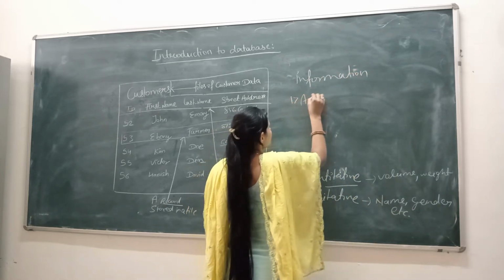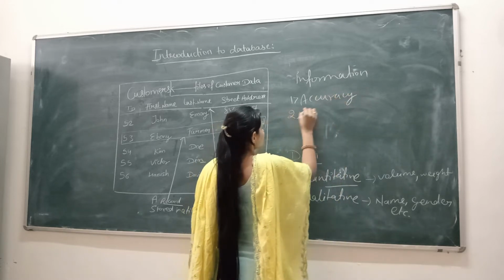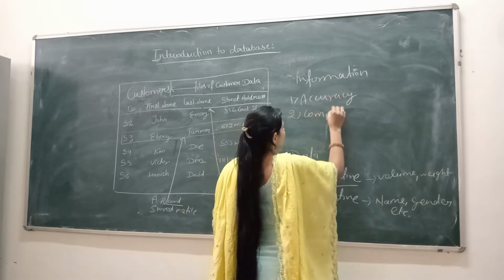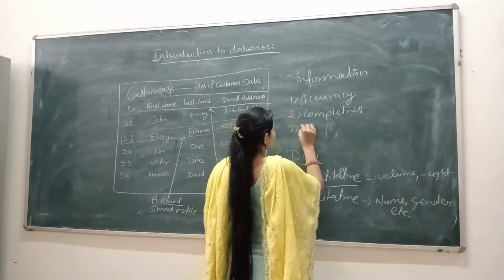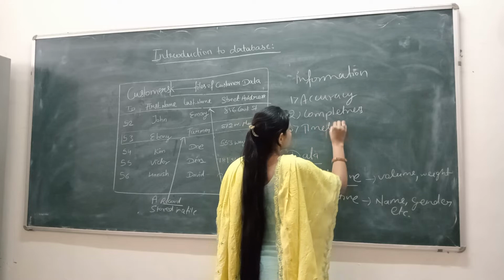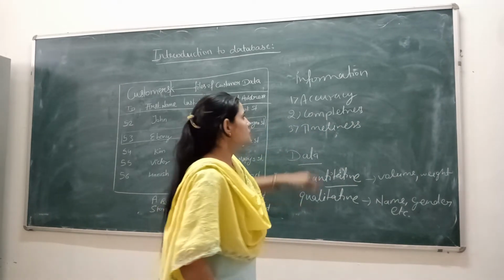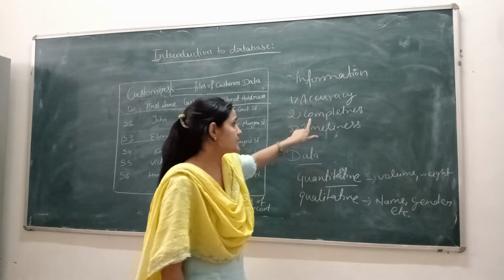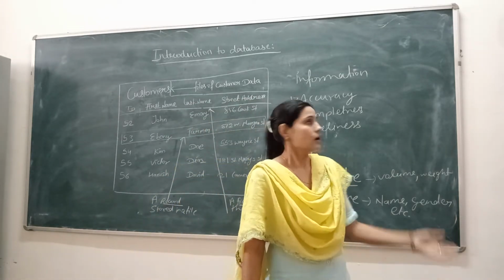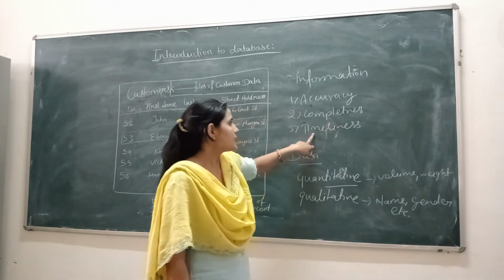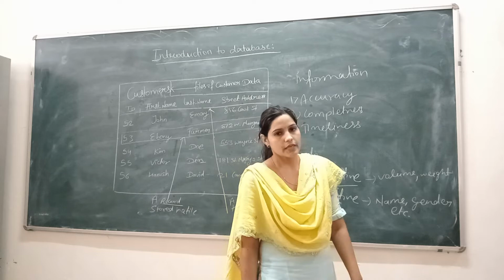First of all, accuracy. Second is completeness and third is time. So the information should be accurate. Second one is completeness: the information should be complete. And the third is timeliness: the information is available when it is needed.